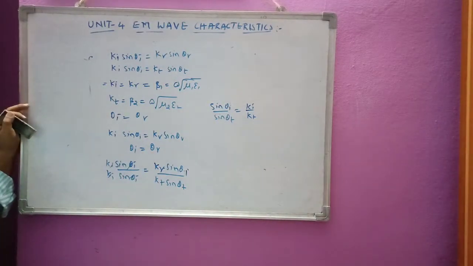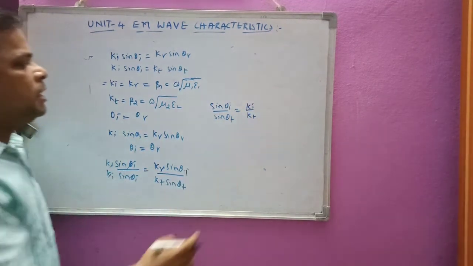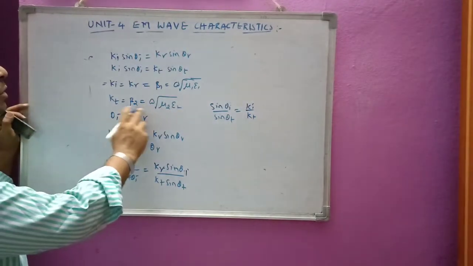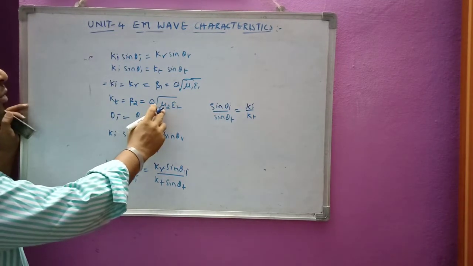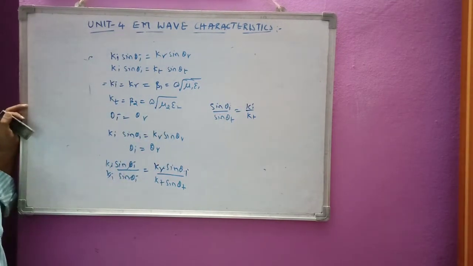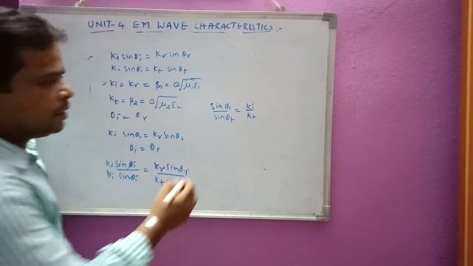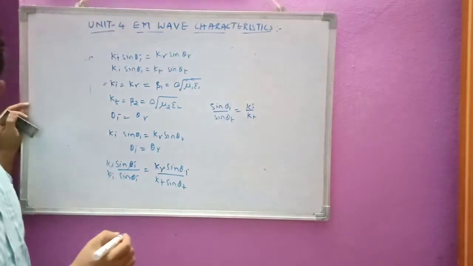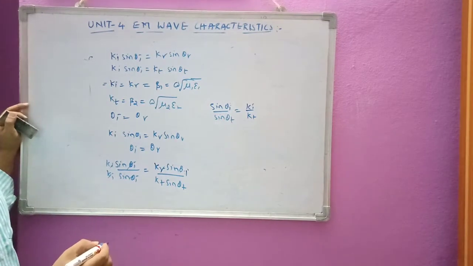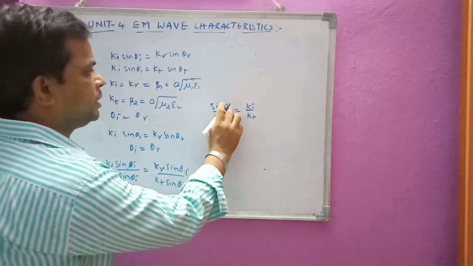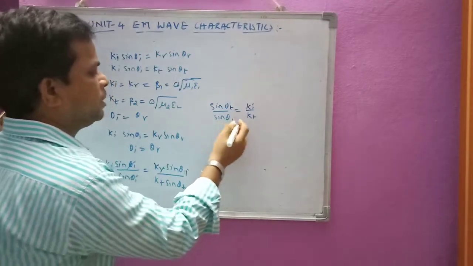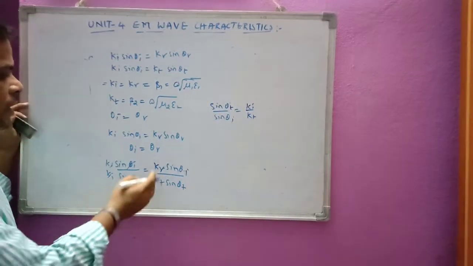Ki is equivalent to beta 1, omega root mu epsilon, and kt is equal to beta 2, that is omega square root of mu 2 epsilon 2. After substituting that, what we get here is sin theta t by sin theta i. By cross multiplying this, I can write it like this.